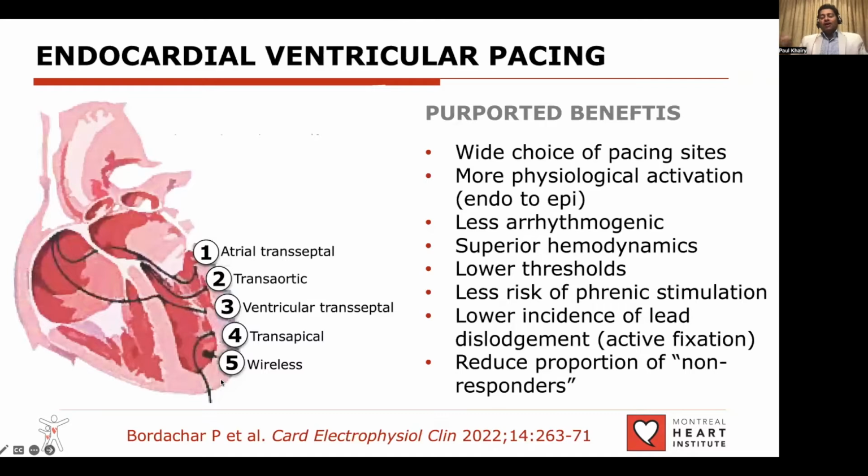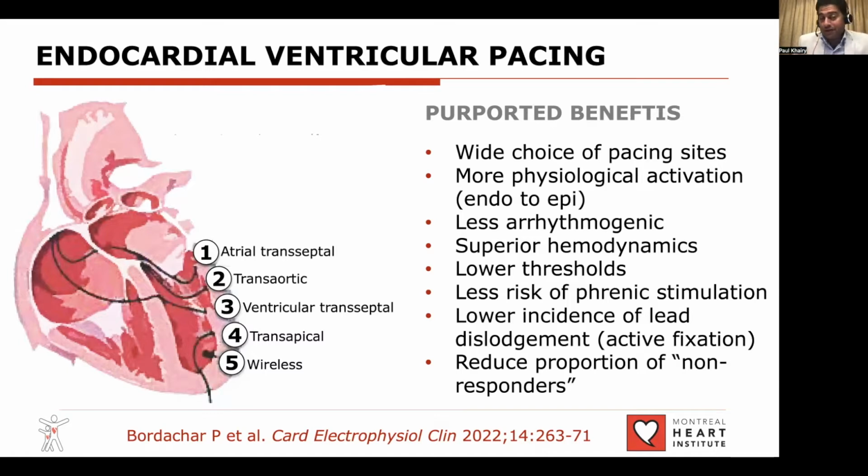Now, the concept of endocardial pacing in the systemic circulation resurged with the advent of endocardial pacing for cardiac resynchronization therapy. And there were strong proponents of this approach. And the purported benefits that they claimed were, first of all, there was a wider choice of pacing sites because when you pace from a coronary sinus, you're limited by the anatomy of the coronary sinus and its branches.